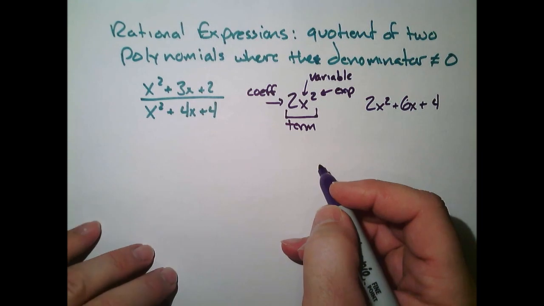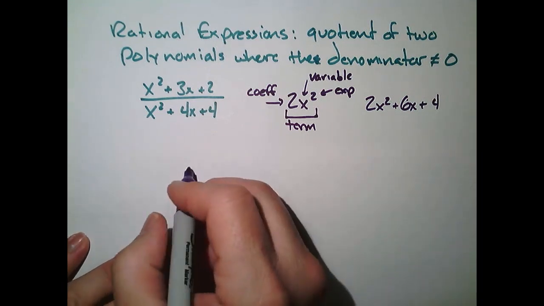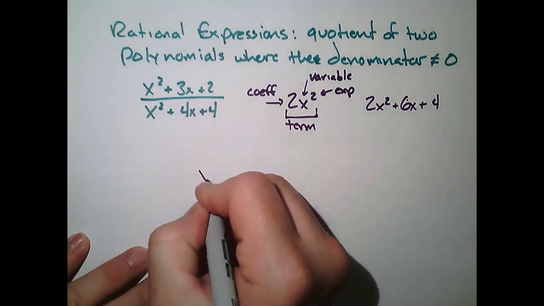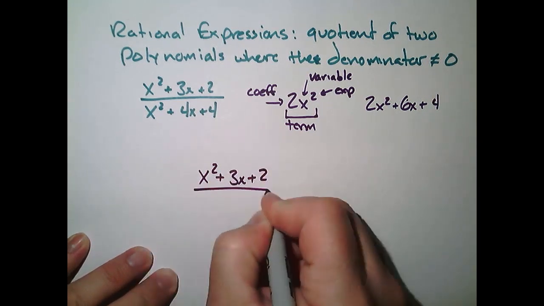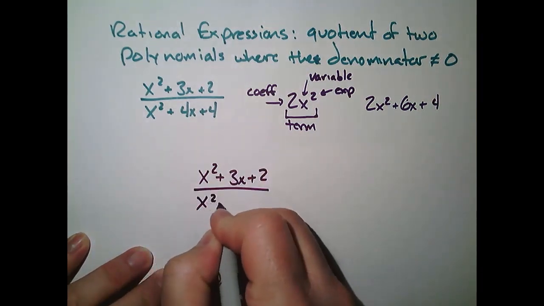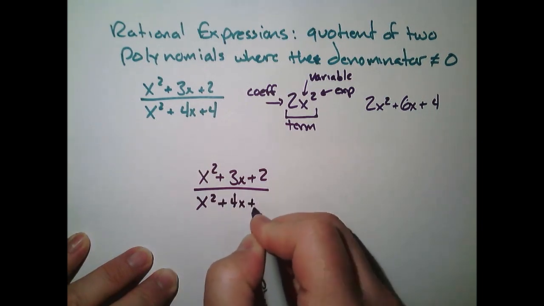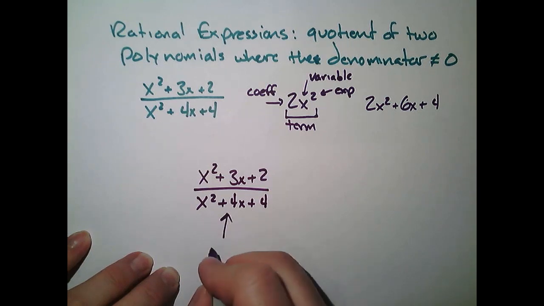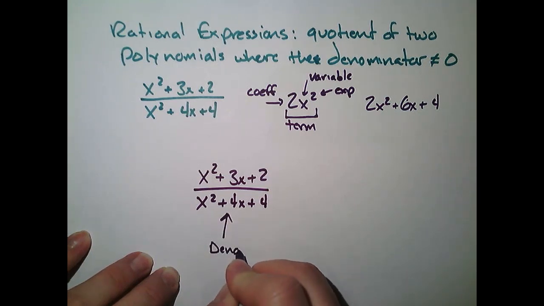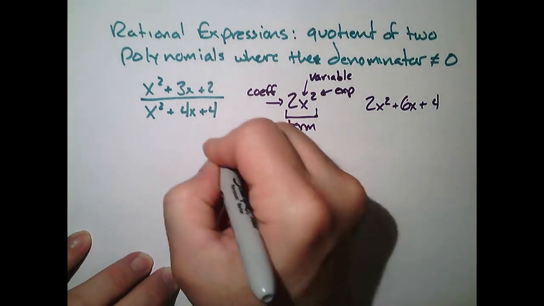Now, our rational, we bring this down here and we go x squared plus 3x plus 2 over x squared plus 4x plus 4. This is our denominator. This is our numerator.